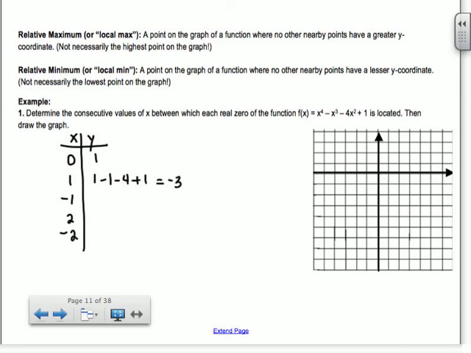So I get negative 3. When I put in negative 1, negative 1 to the 4th is 1, minus negative 1 to the 3rd is negative 1, minus 4 times negative 1 squared is 1, plus 1. So you get negative 1.